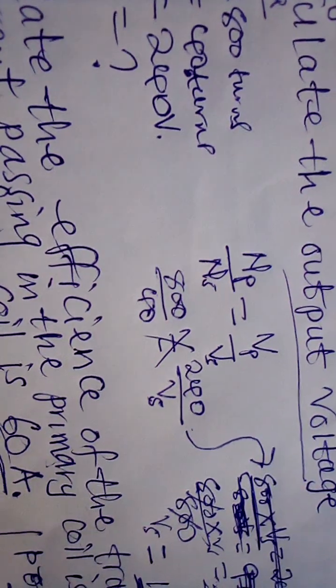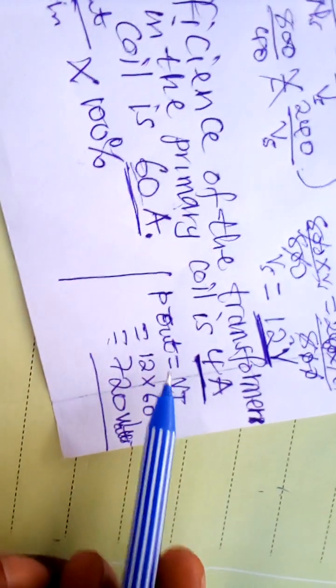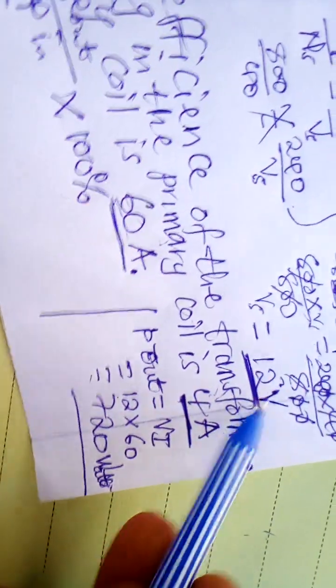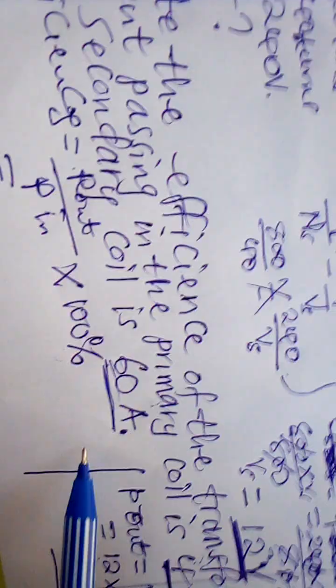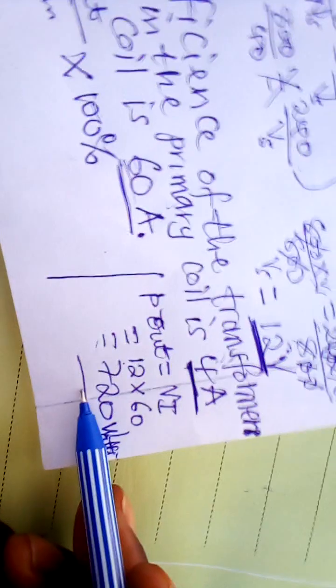Because power is measured in watts. So the power output is 12 volts, which is in secondary, which you have calculated, multiplied by 60, which is the secondary coil current of 60 amps. Then the answer is 720 watts.